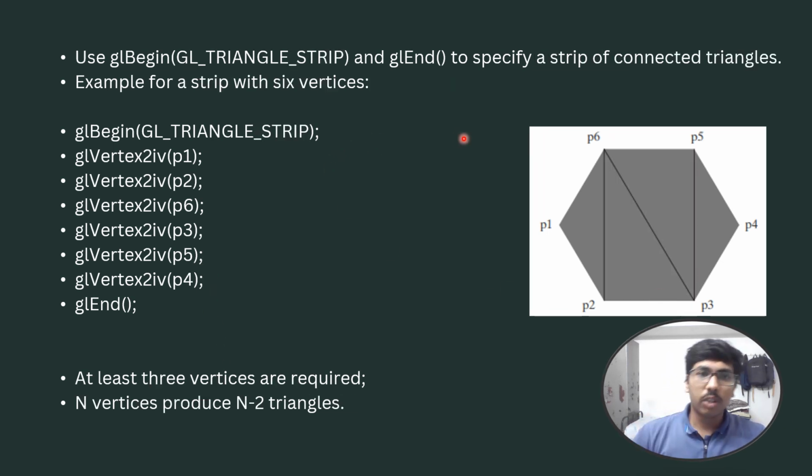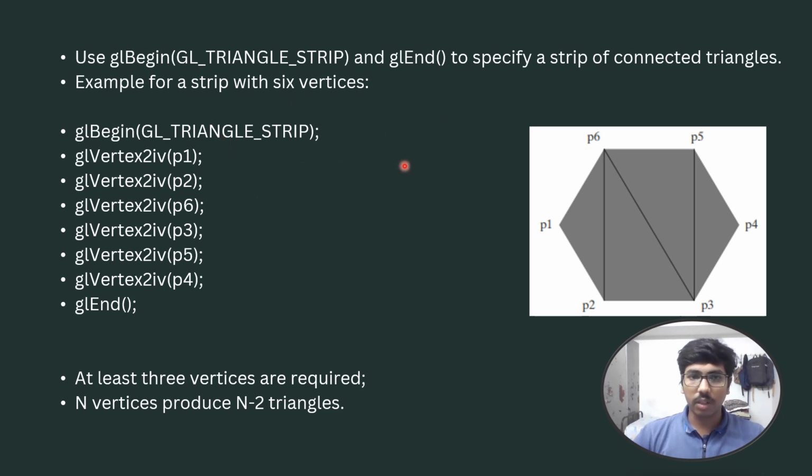Now we'll use GL_TRIANGLE_STRIP to specify a strip of connected triangles. Example: a strip with six vertices. As we can see, it's the same as the first polygon, but here the polygon is made up of four triangles.